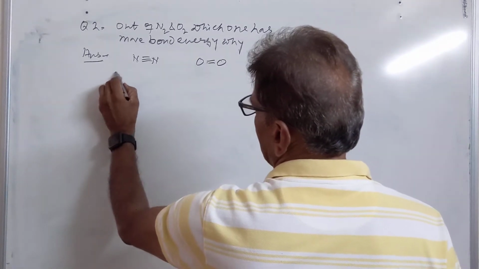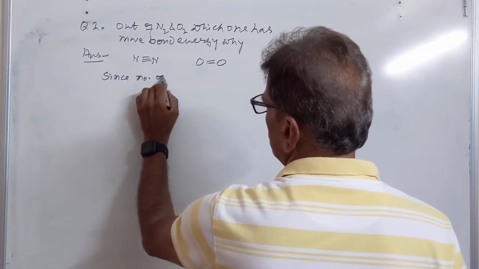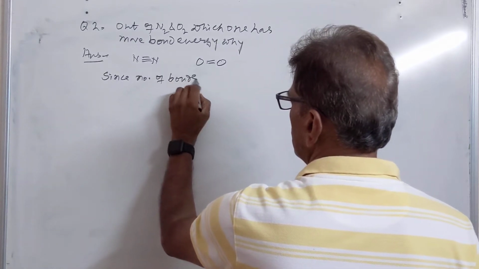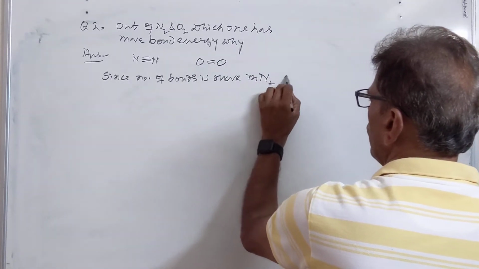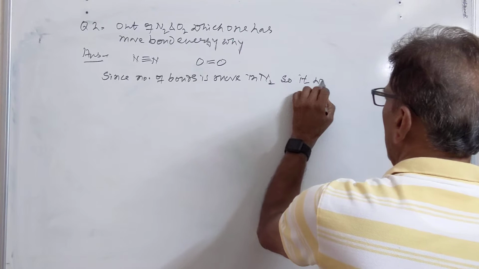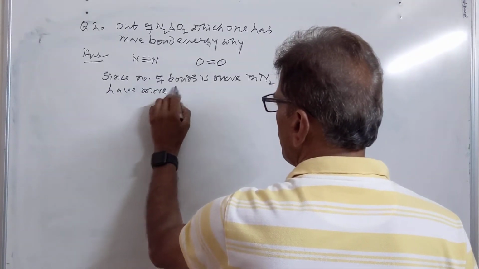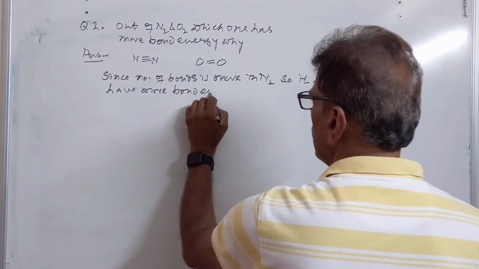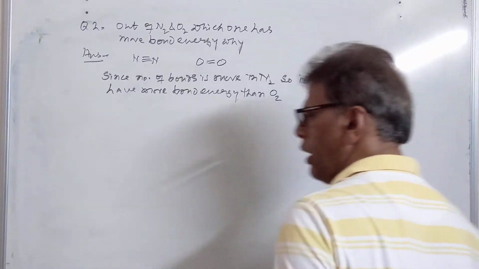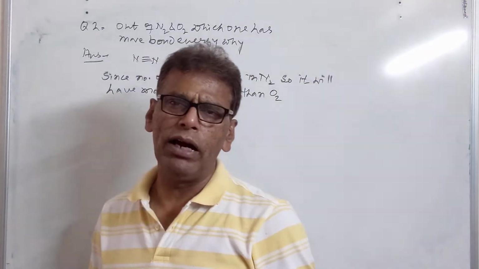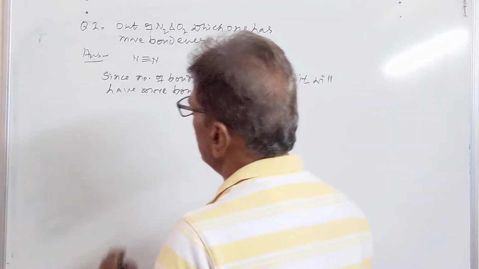So in this case, since the number of bonds is more in N2, it will have more bond energy than O2, where we have only two bonds.